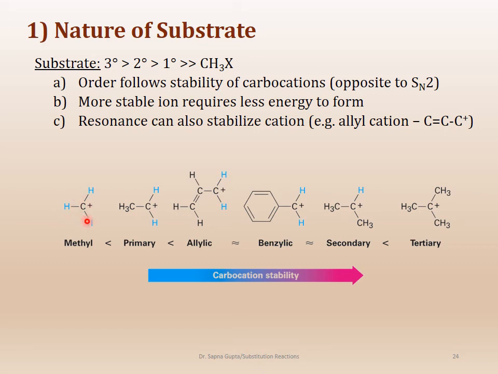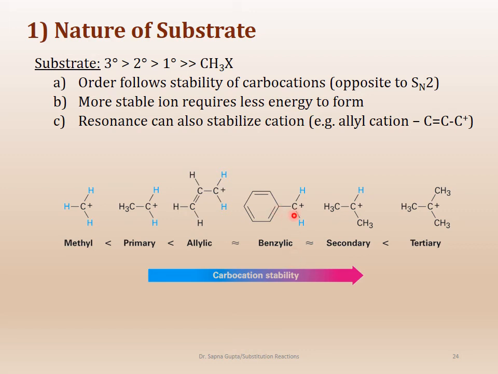Therefore, the methyl carbocation is not stabilized. So the tertiary carbocation is quite stabilized, followed by secondary, then the benzylic and the allylic. These two are before the primary carbocation, and they are stabilized by resonance. We've talked about those before. As far as benzylic resonance is concerned, you will do more of this when we get to organic 2, when we do aromatic compounds.